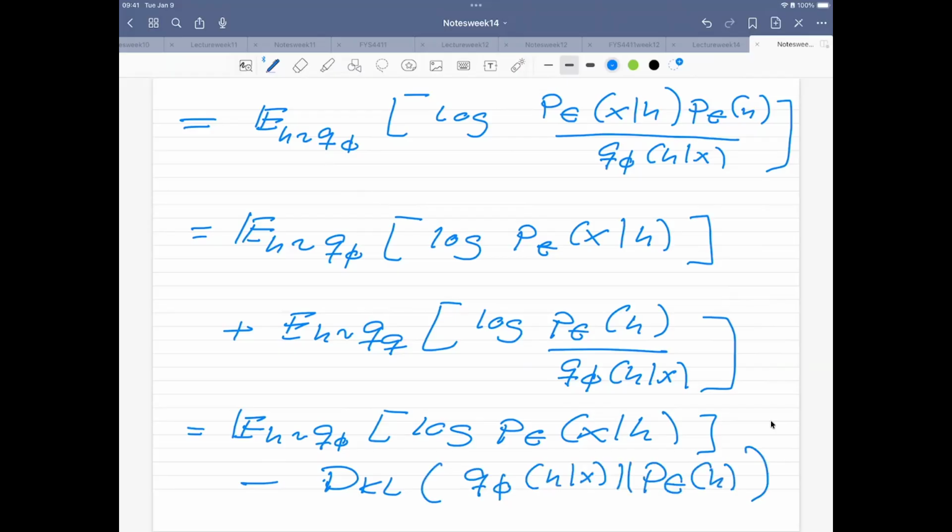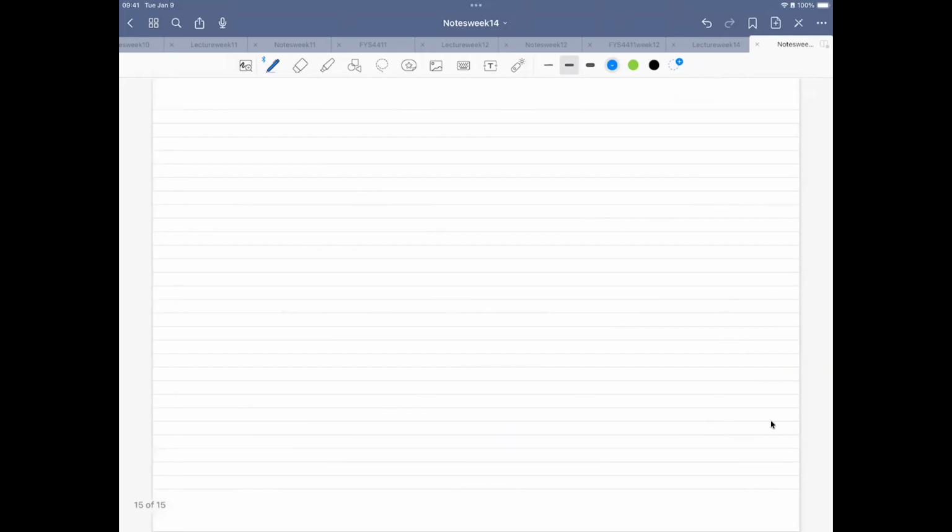If you look back into the Jupyter notebook which we have, we're actually going to approximate this with two Gaussians. So the typical term now is that since we have this Q of phi of h given x, this is treated as an encoder.